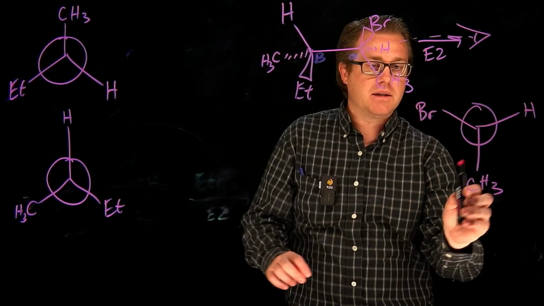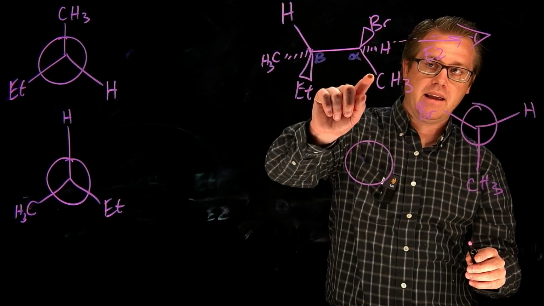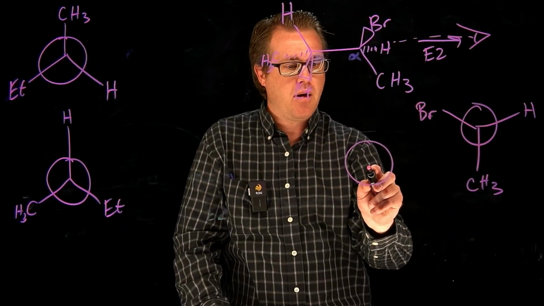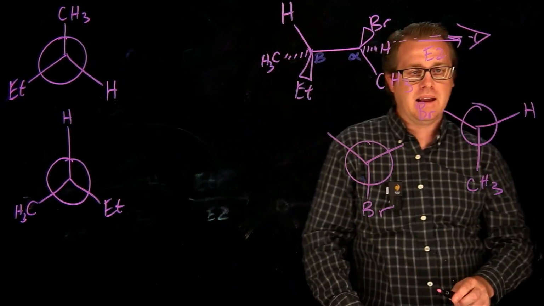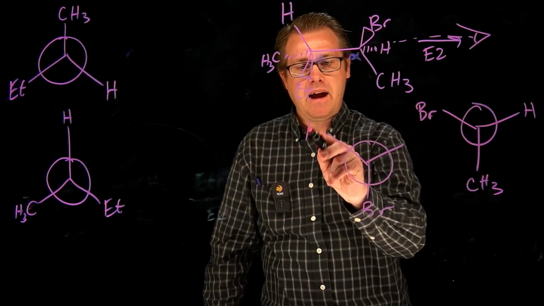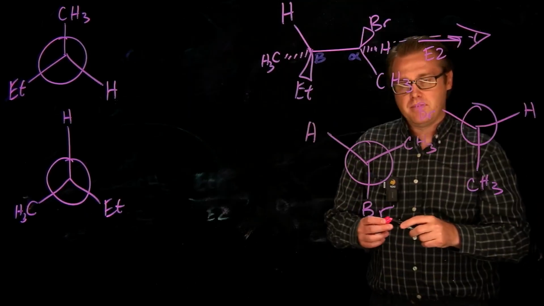Where do I want the bromine? I want it where the methyl group is because I want it in the plane. So I want my bromine there. So where does that put everything else? That would mean my hydrogen is there and my methyl is there. Okay?